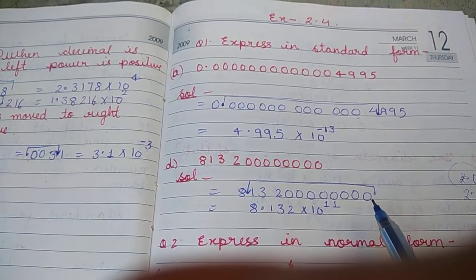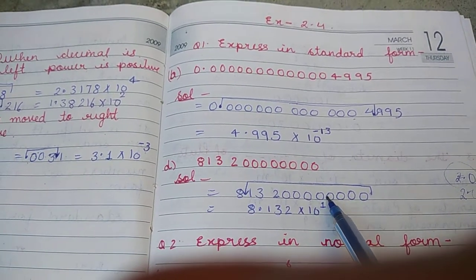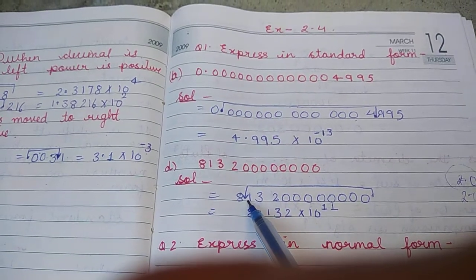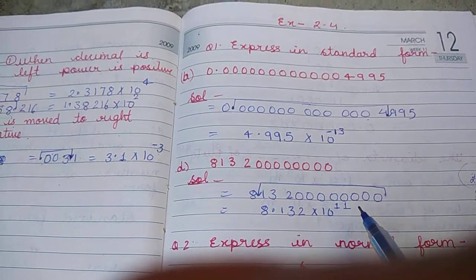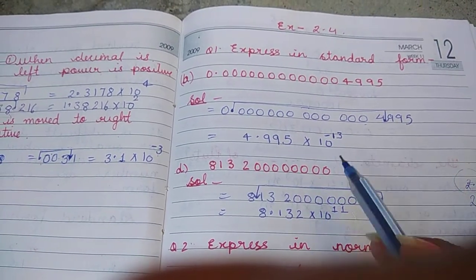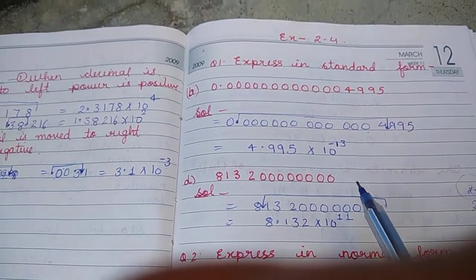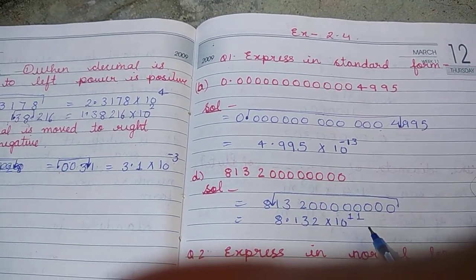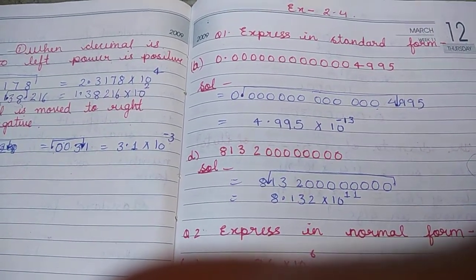How many digits has it crossed? 1, 2, 3, 4, 5, 6, 7, 8, 9, 10, 11. It has crossed 11 digits. So the power would be 11. Till here, the procedure is the same in both the questions. Now, since here the decimal has moved towards the left, the power would be positive.